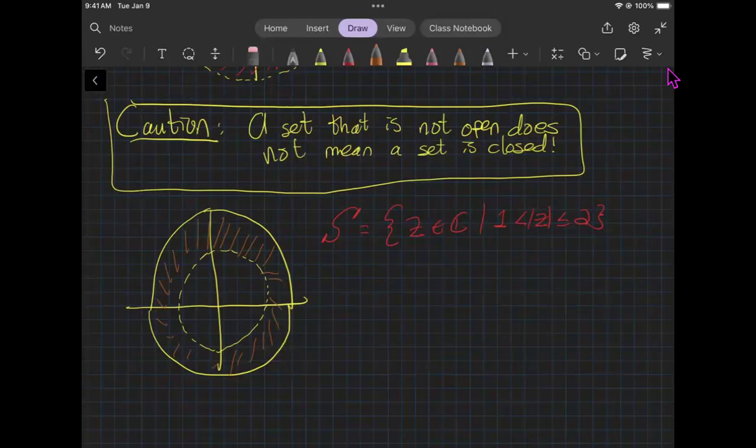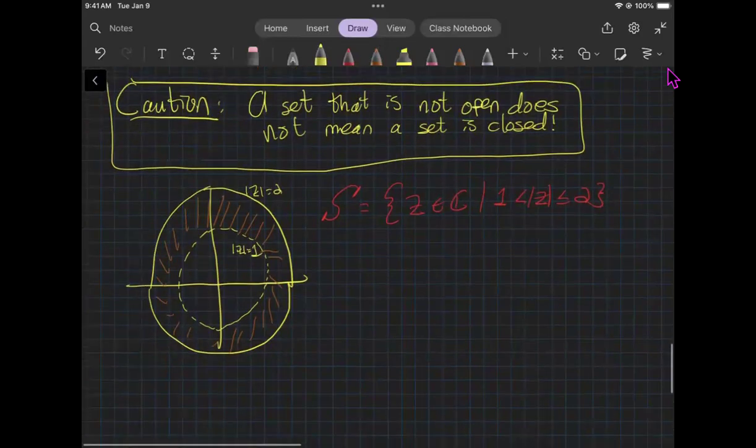So spoiler alert, you'll deal with a set that's closed if it contains the boundary of a set. Okay. So we have the boundary that's included on the circle modulus of z equals 2, right? And the set does not include the boundary of the circle modulus of z equals 1, right?